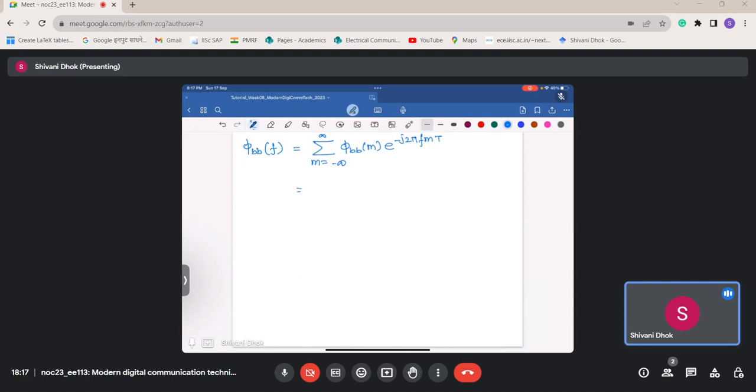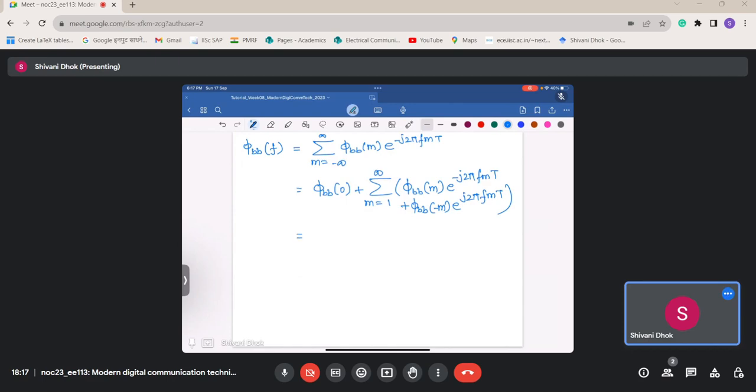So this I can write as phi BB of 0 plus summation M running from 1 to infinity phi BB of M into e power minus j 2 pi f m t plus phi BB of minus M into e power j 2 pi f m t.